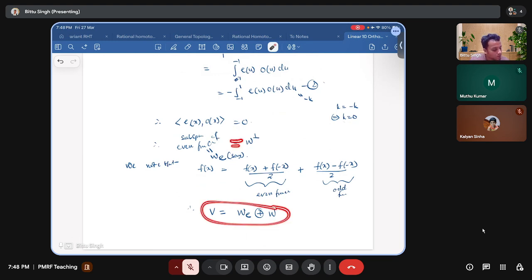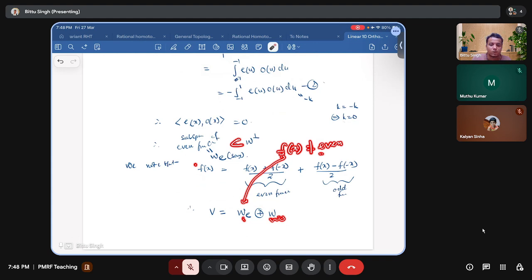From here we can say this is now equality, because if it is strict, then suppose there exists some function f(x) which is not even, but f(x) is perpendicular to W. But then from here we can say that this function comes from the complement of W_E, right?